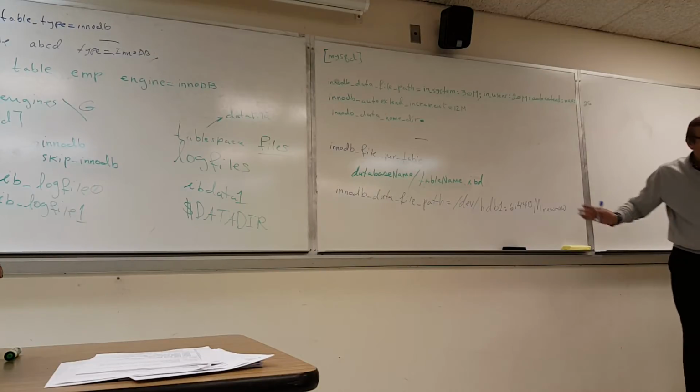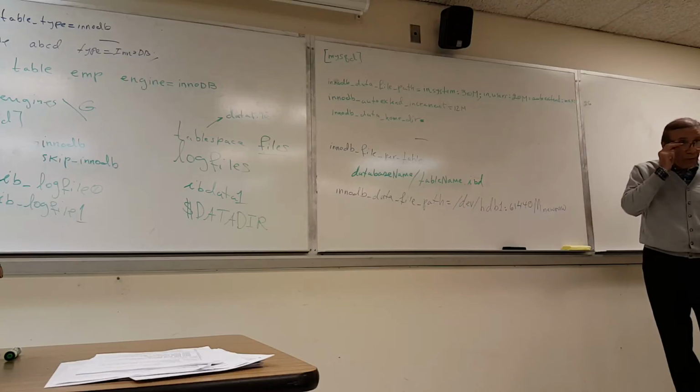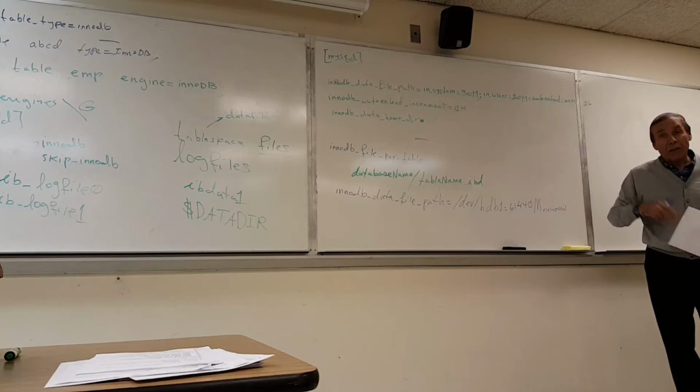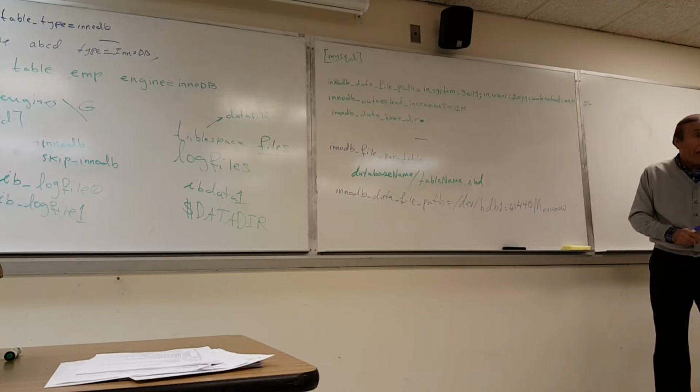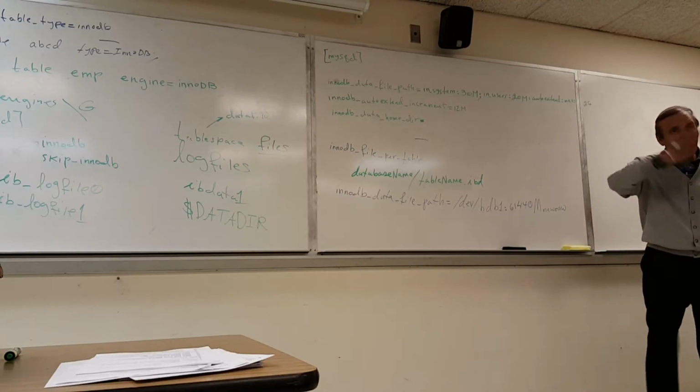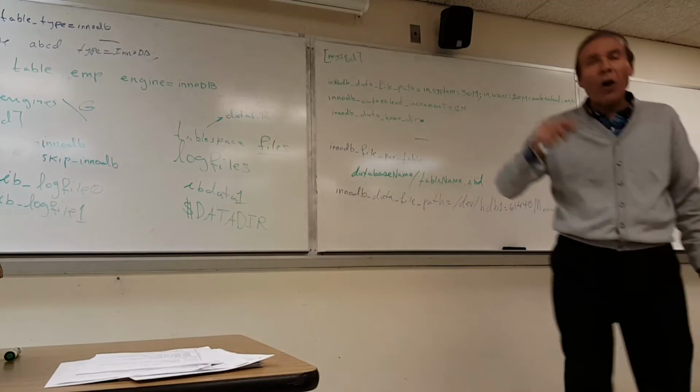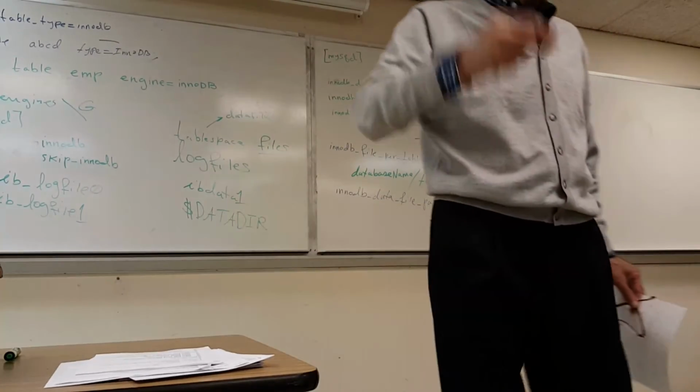So now you're going to start up your MySQL server. MySQL server is going to read this line from your configuration file and know that it is dealing with a partition, right? It's going to take over the partition and do all of those necessary things that need to be done.